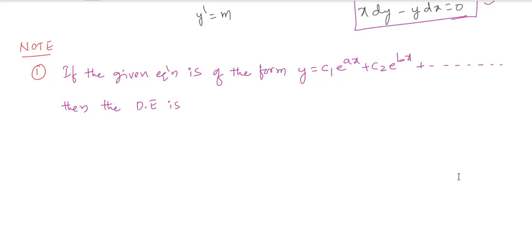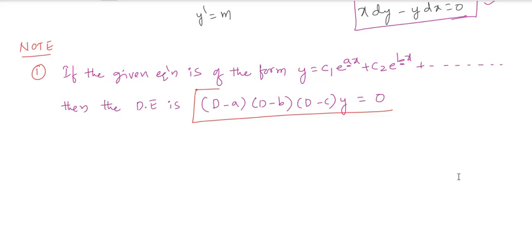you can represent it as (D minus a) into (D minus b) into (D minus c) into y is equivalent to 0, where a, b, c are these values. So this is the differential equation for such type of forms. You may ask a doubt, sir, what is that D?